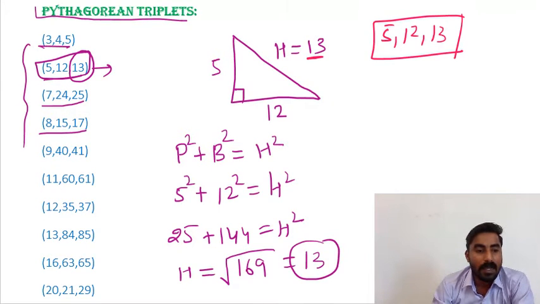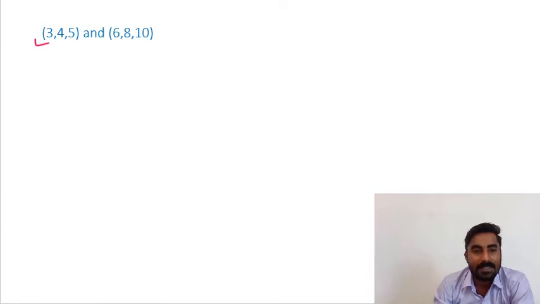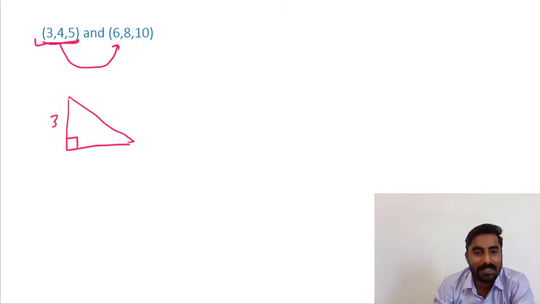Now, if we want to multiply the sides of any Pythagorean triplet like 3, 4 and 5, suppose here is a right angle triangle, this angle is 90 degrees, the length of this side is 3, this side is 4 and the hypotenuse is 5.